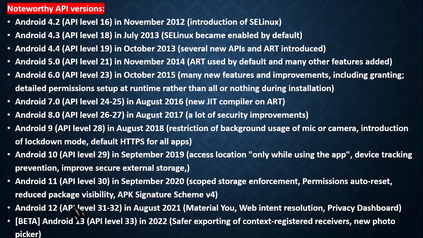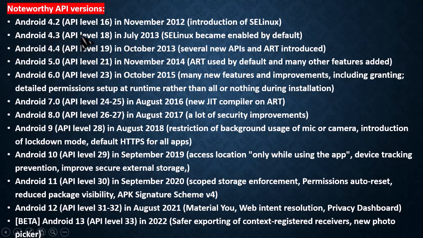Now these are noteworthy API versions. You need to know all these things. Android 4.1 is API level 16, which was published in November 2012, that has the introduction of Security-Enhanced Linux, which is called SELinux. Security-Enhanced Linux, that's the full meaning of this.